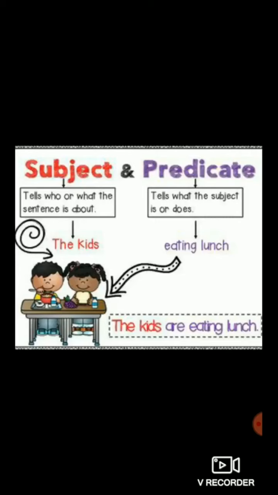The predicate always starts with a verb. And the subject tells who or what the sentence is about. So in this sentence, the kids is the subject, whereas are eating lunch is the predicate. Clear, students?